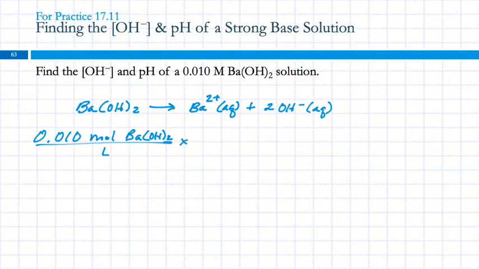I want to know how many moles of hydroxide per liter. Got 2 moles of hydroxide for every 1 mole of barium hydroxide. So the hydroxide ion concentration is 0.02.